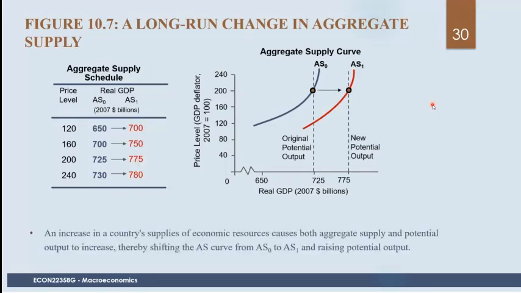And so if something happens that improves our ability to produce goods and services in the long run, like an increase in the labor force, maybe we have immigration, or better education of the population, or some innovations in technology that allow us to produce stuff with less labor, these types of things would shift the potential output to the right. And so it would also shift the aggregate supply curve to the right as well.